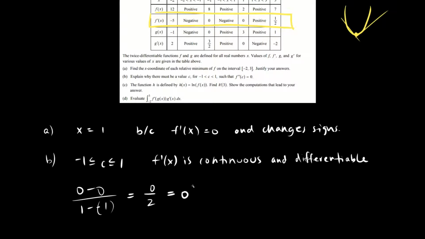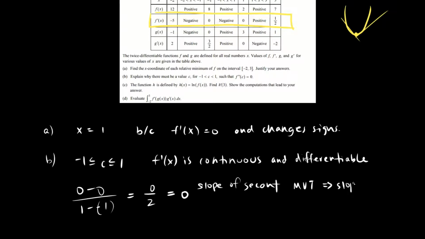So we know that this is the slope of the secant line. And according to the mean value theorem, this slope of the secant line is also equal to the slope of the tangent line.